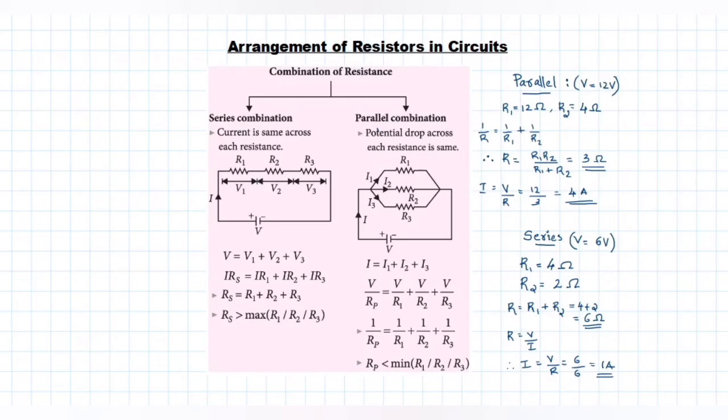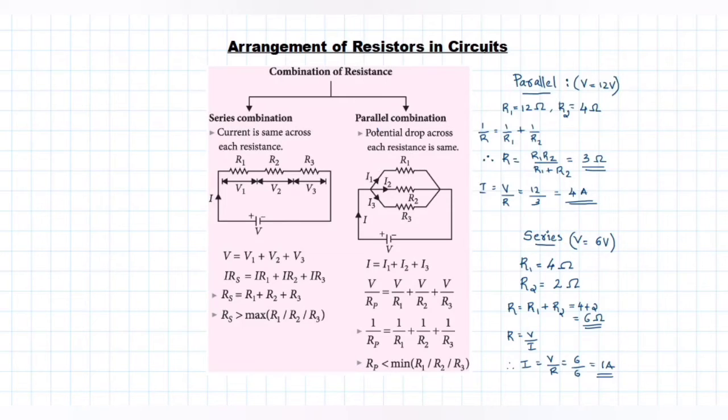If we substitute the values of R1 and R2, we are getting 6 ohm. In order to calculate the current, we have Ohm's law. By rearranging the equation of Ohm's law, I is equal to V by R, and substituting the values of V and R, we are getting 1 ampere current in series combination.